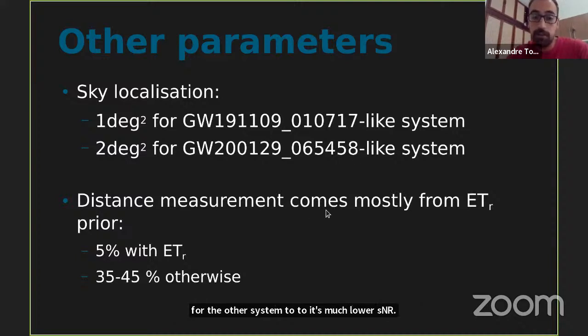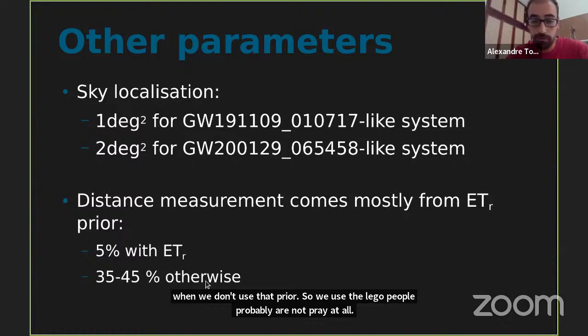Finally, the distance measurement is essentially driven by the ET prior that we are using. When we use it, we can measure the distance within 5%. And when we don't use that prior, so we use the LIGO Virgo prior or no prior at all, we can see that the measurement is much worse.